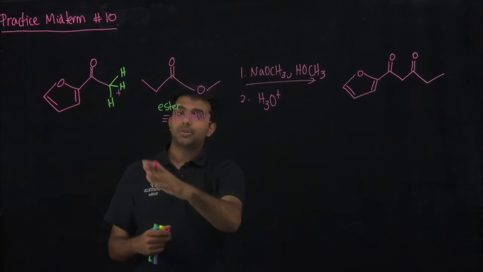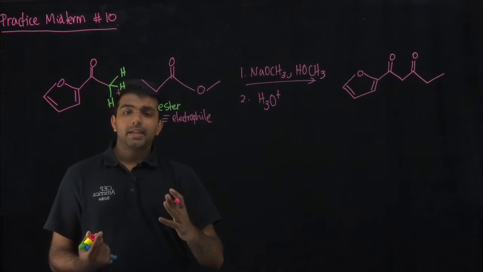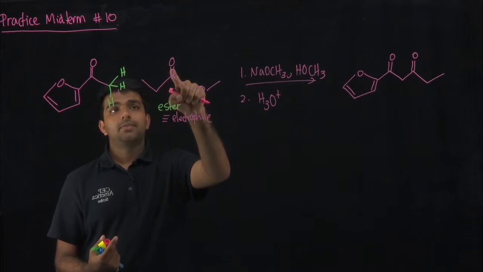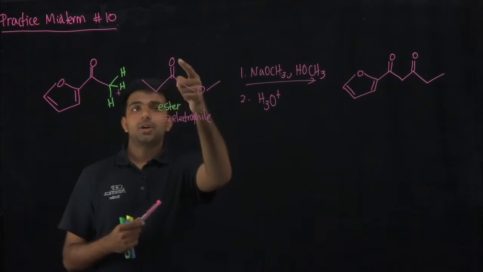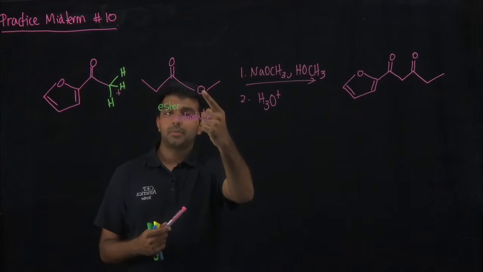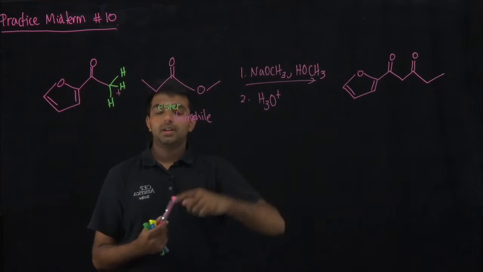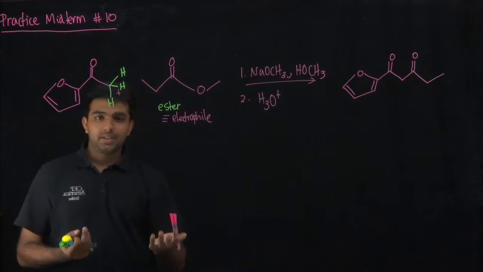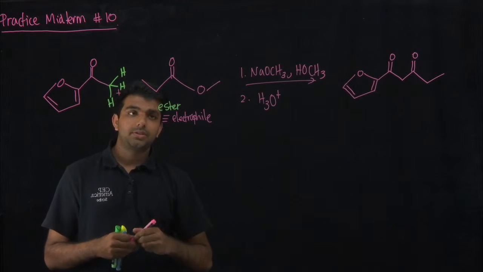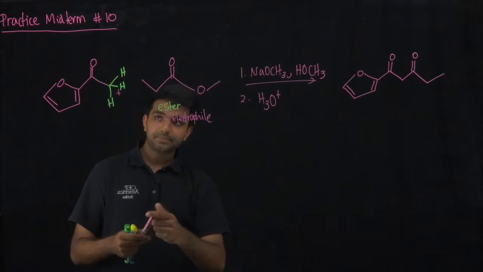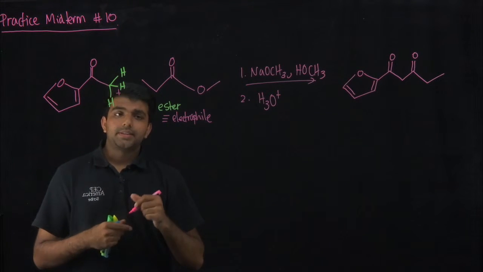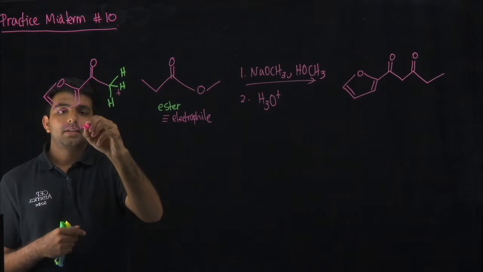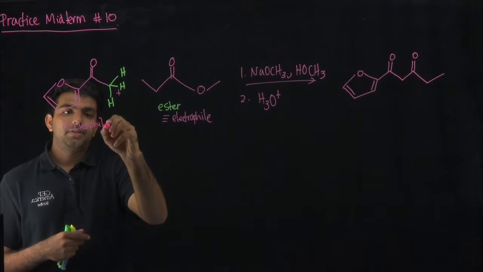And so when we actually see the reaction occur, relative to the aldol reaction, where we actually have the O picking up an H, because of its negative charge, the O here drops down its electrons, reforming a carbonyl and letting this leaving group go. And so it's important to always have the electrophile as an ester so you can allow that to happen. Our ketone is going to be the other compound, and so that's going to be our nucleophile. And so using that, we'll go ahead and do the reaction.